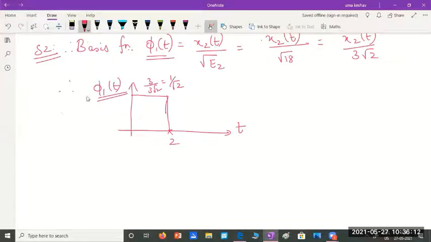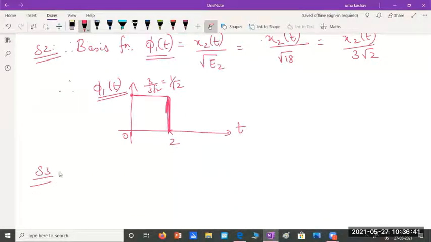Phi 1 of t is nothing but x2 divided by 3 root 2. So phi 1 of t signal is represented as this square with amplitude 1 by root 2 in the interval 0 to 2. Is that clear? So this is how we represent the signal phi 1, which is one of the orthonormal basis functions in the set.